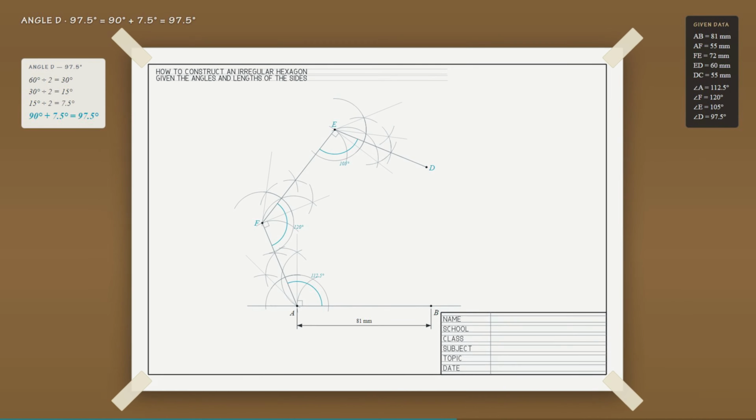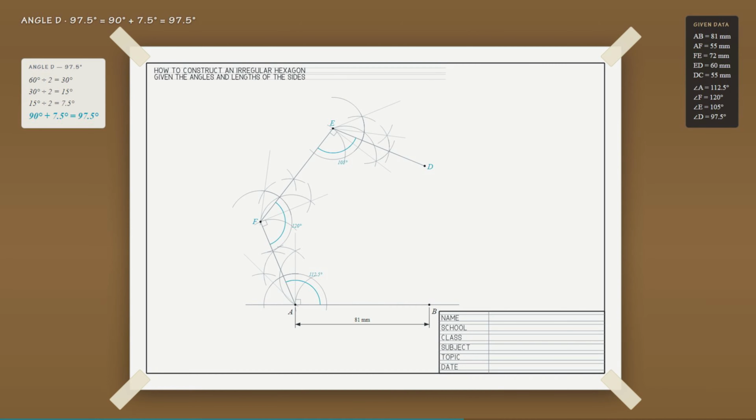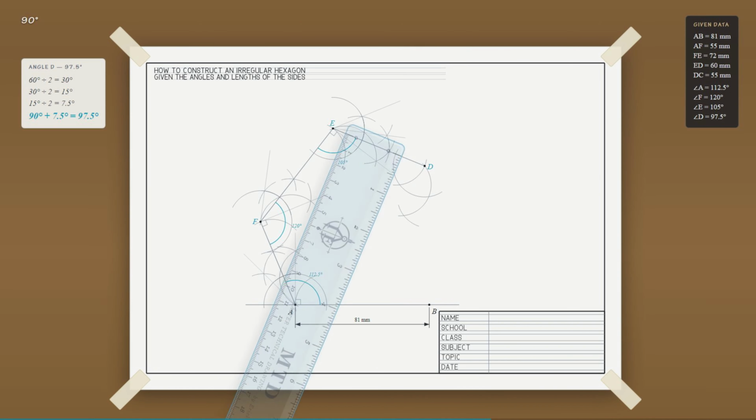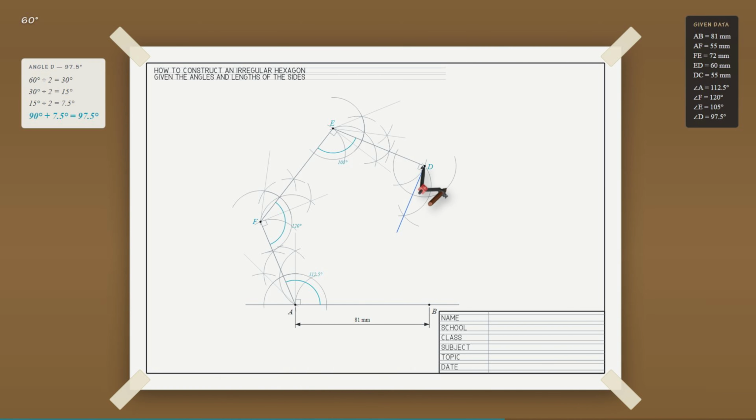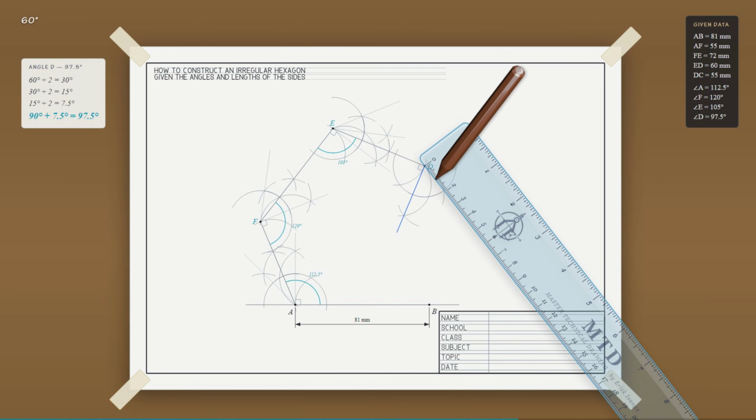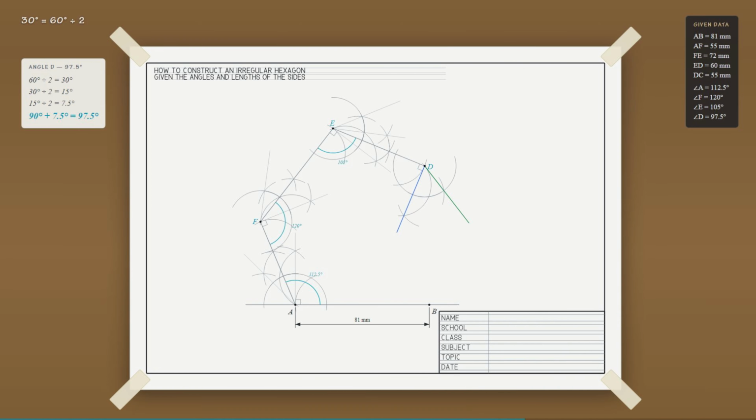At D, the required angle is 97.5 degrees, which is 90 plus 7.5. We erect the perpendicular at D. We step off 60 degrees. We bisect to obtain 30 degrees.